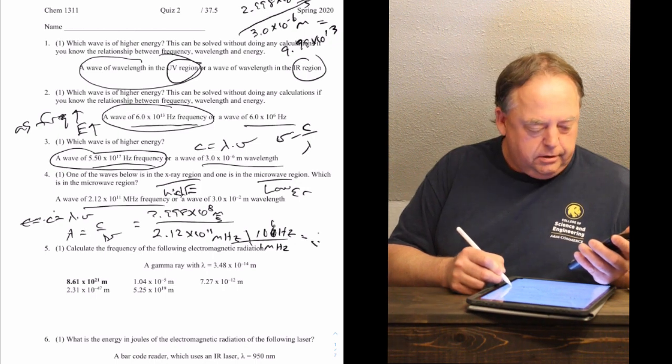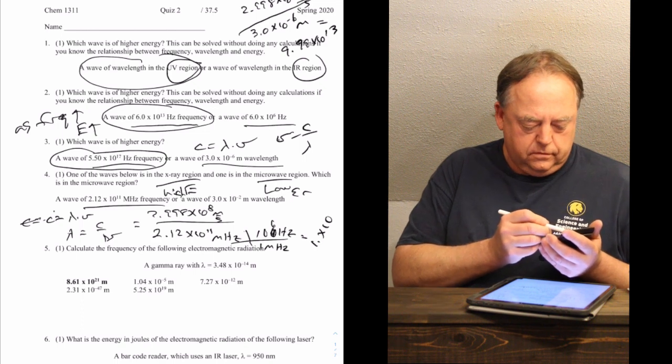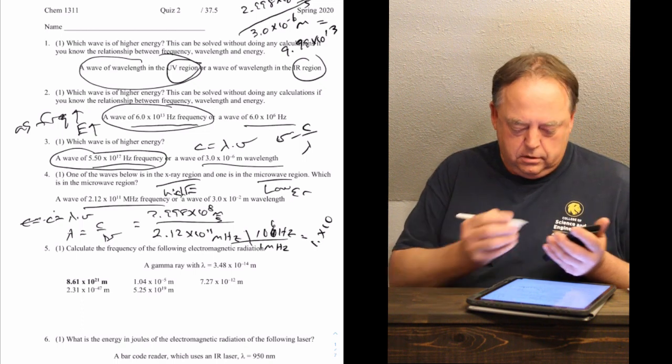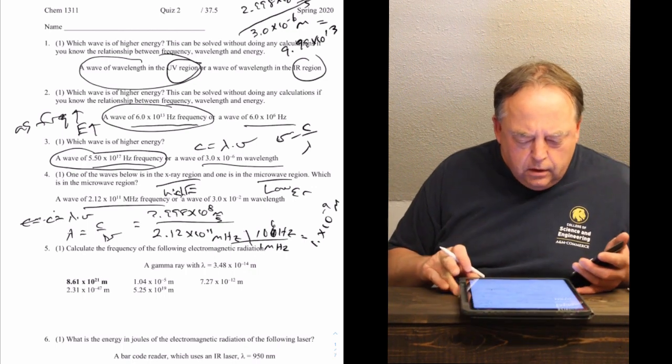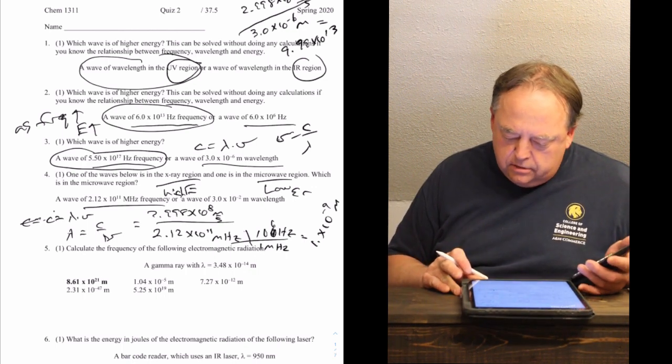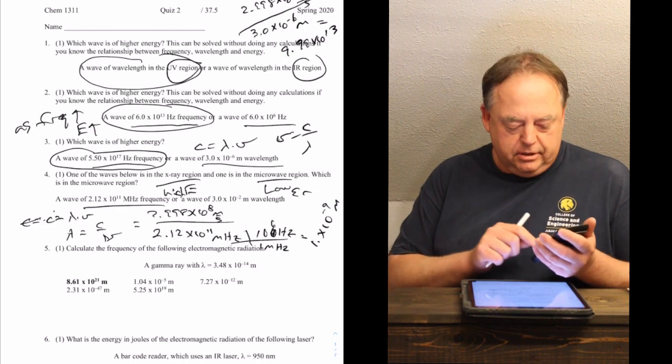So that equals, did I do this right? That's 1 times 10 to the minus 9 meter. Let me check my math again, make sure I did that right.